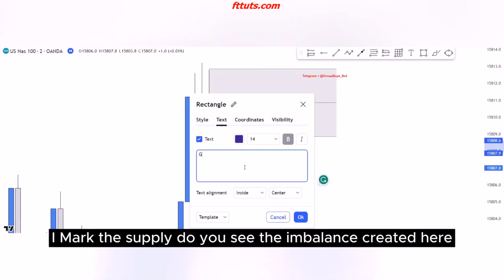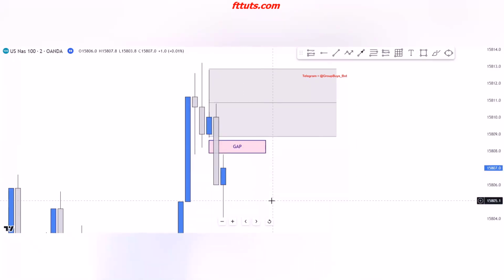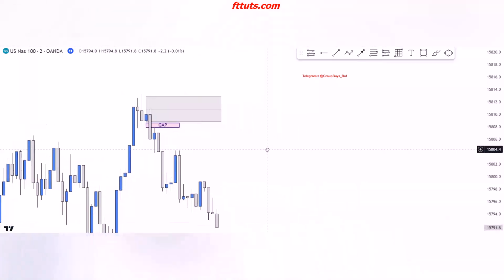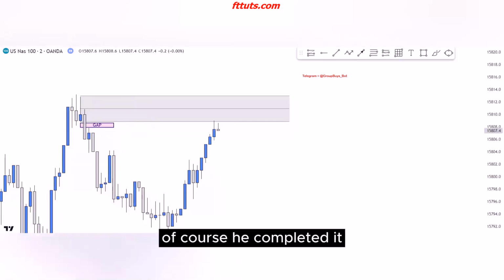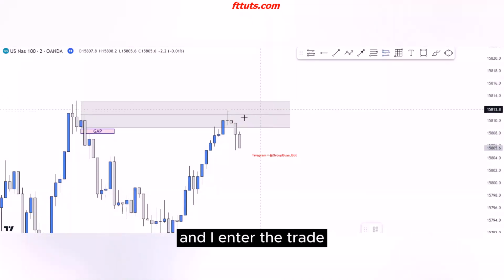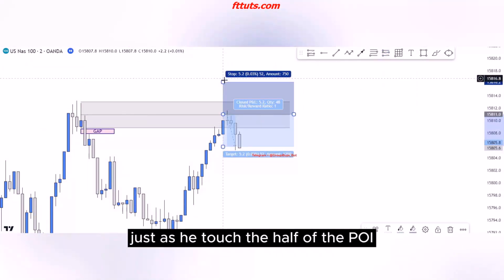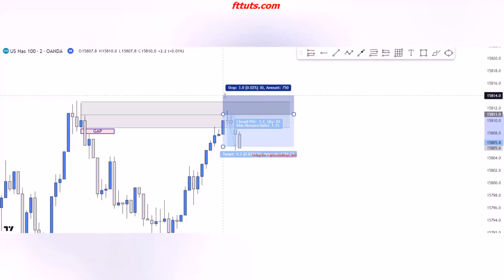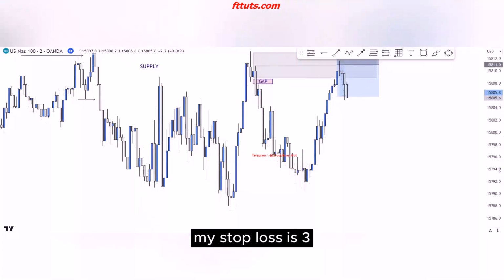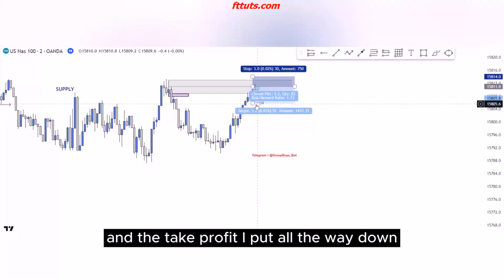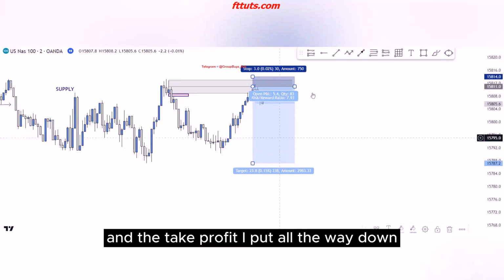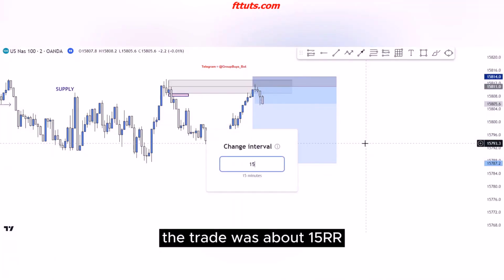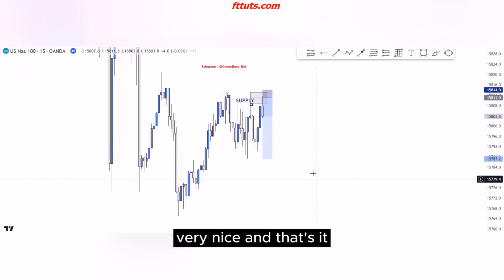Do you see the imbalance created here? Of course, it completed it. And I entered the trade just as it touched the 50% of the POI. My stop loss is 3. And the take profit I put all the way down. The trade was about 15 hours. Very nice. And that's it.